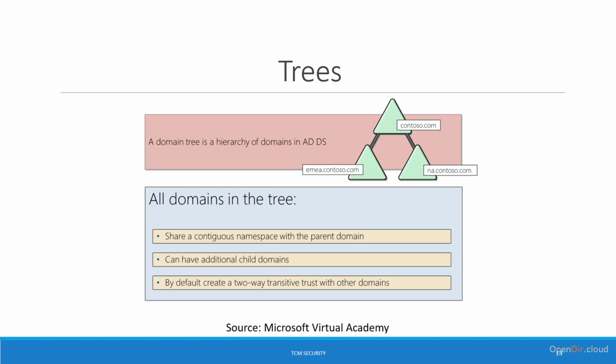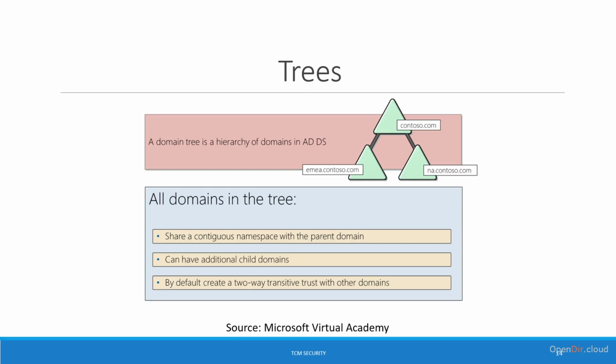We also have what are called trees. Now, trees are a group of domains, and they're kind of in this hierarchy. So you see, again, we have this example of this contoso.com. Well, what if contoso.com is the big namesake, and then we have two child domains? So we've got a parent domain, and then we have a child domain or two child domains.